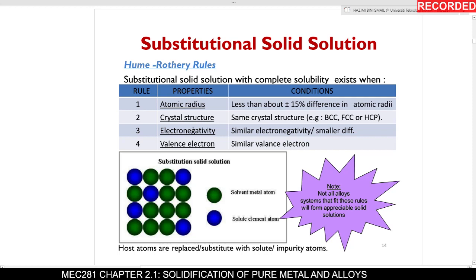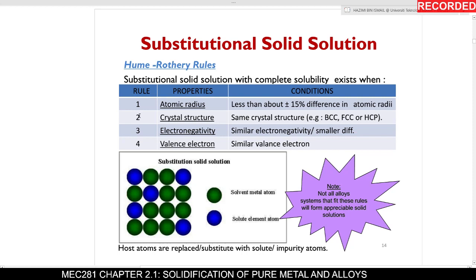For electronegativity, it also must be similar, with only a very small difference. The final rule is the valence electrons, the number of electrons in the outermost shell, which also must be similar. If the solvent has 6 valence electrons, the solid element must also have 6 valence electrons.